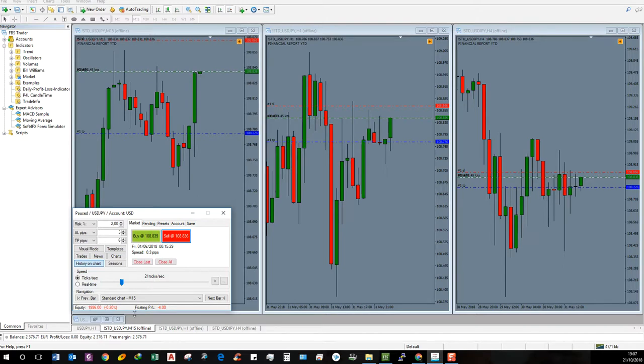What you can see right now is I'm already losing because you have the spread commission, so I'm already minus $4. So my equity is not $2,000 no more, it's $2,000 minus $4, which is 1996, which makes sense. So I'm gonna run the simulator now and see how it goes.